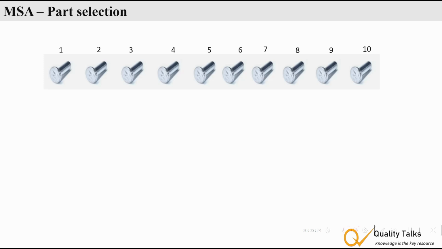In this case, we selected 3 parts from the lower range, 12.85 to 12.95, 3 parts from the mid range, 12.96 to 13.05 mm, and 4 parts from the higher range, 13.06 to 13.15 mm.